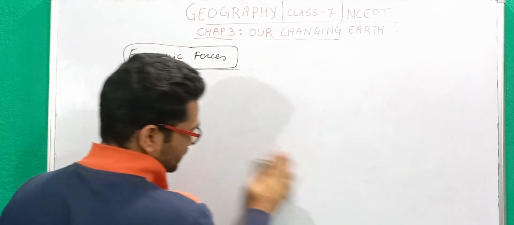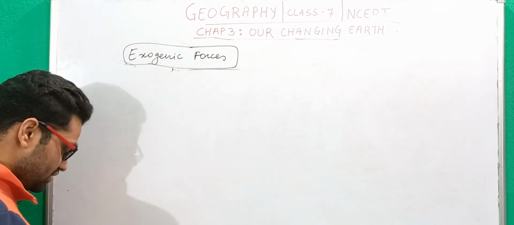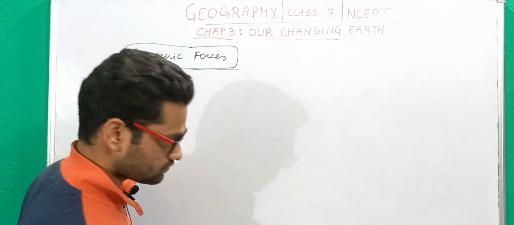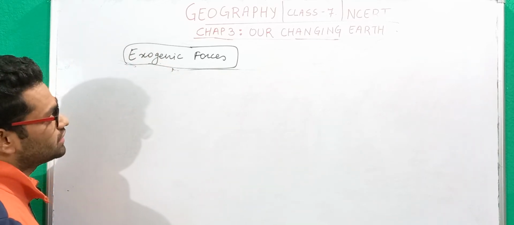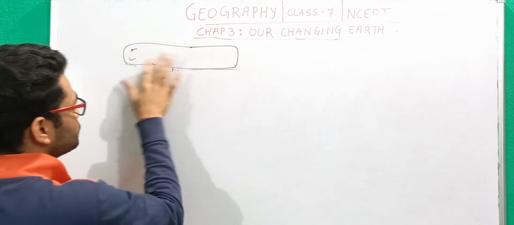Let's try to understand the different types of agents that cause these phenomena, and what are some of the land features that get formed because of these erosional agents.